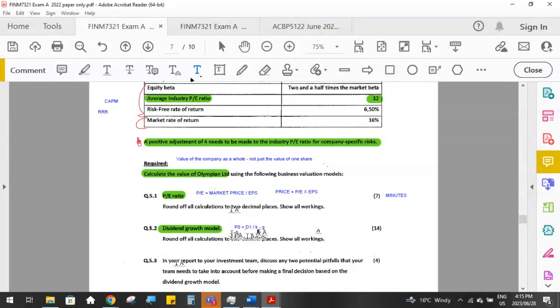And remember, no key to the formulas will be provided. So on your formula sheet, you'll see D1 over k minus g, but you have to know what is D1, what is k, what is g. And you have to have memorized that from the key in the textbook.